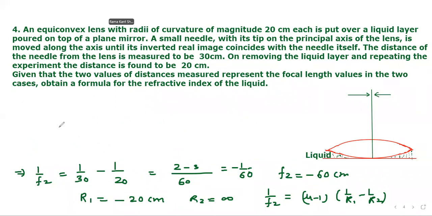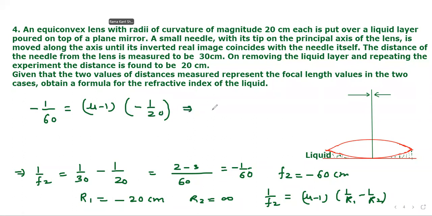F2 we have got as minus 60, so minus 1 upon 60 equal to mu minus 1 times minus 1 upon 20, because 1 upon r2 will become 0. So minus sign can be removed and we can multiply this 20 here.